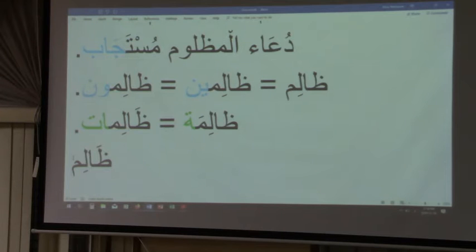The person who keeps doing the action all the time, we call him zallam, with the shadda, fatha, and mim. So zalim, oppressor. Even if you oppress one person once, we call you zalim. But the person who keeps doing it all the time, what do we call him? Zallam. You can write that word.